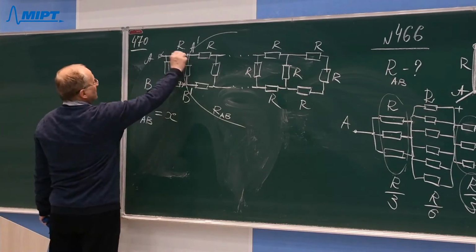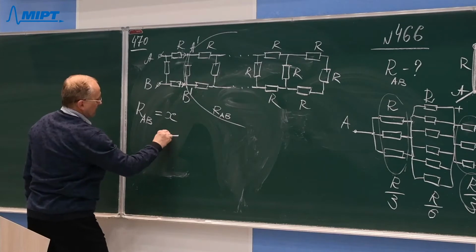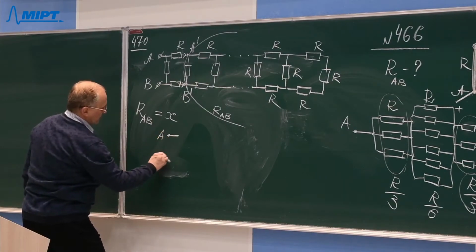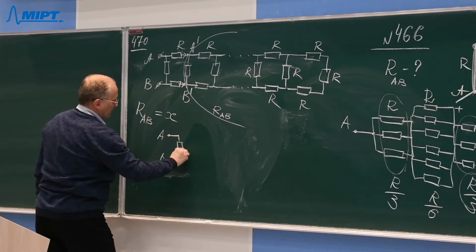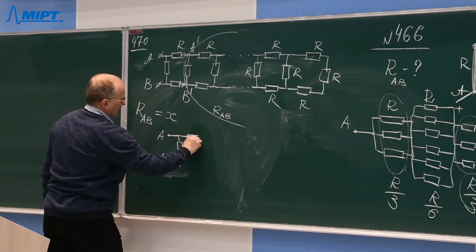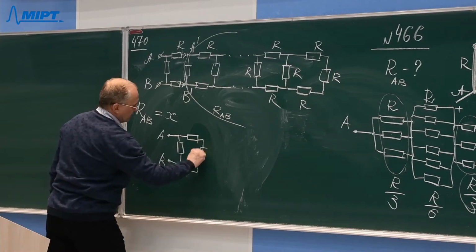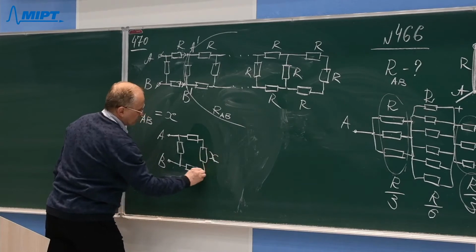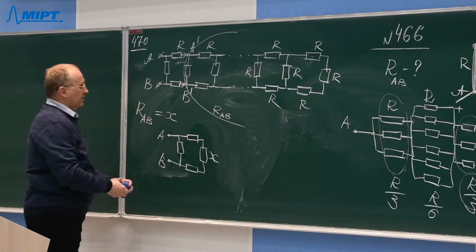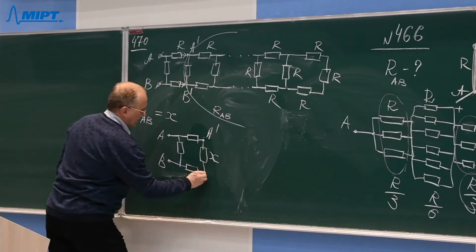So in this connection, we know that points A and B may be presented in the following way: the first resistance and the second and another one, and here is the resistance X, which represents the remaining part of the circuit between points A prime and B prime.